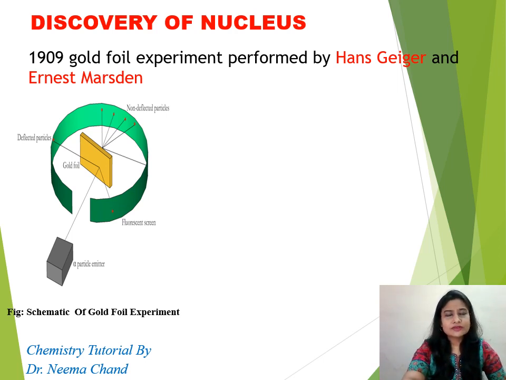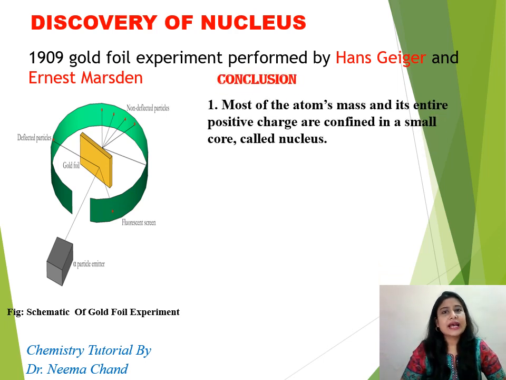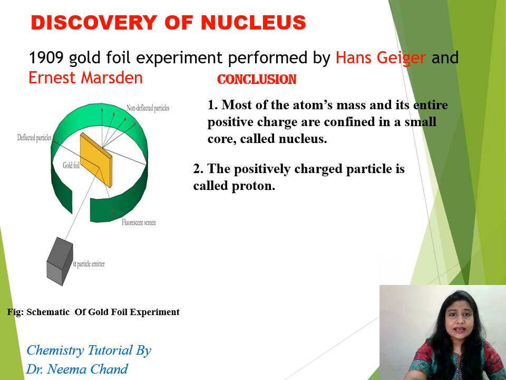According to all these observations, Rutherford concluded that most of the atom's mass and its entire positive charge is actually confined in a small core called nucleus, which is present at the center of the atom, and it is this core that is deflecting the alpha particles by 180 degrees. Secondly, he suggested that positively charged particles, that is protons, are present in the nucleus.